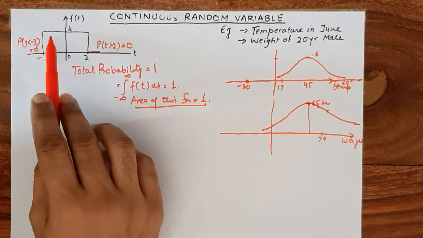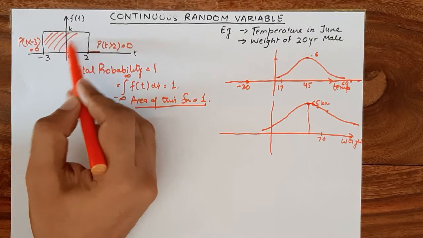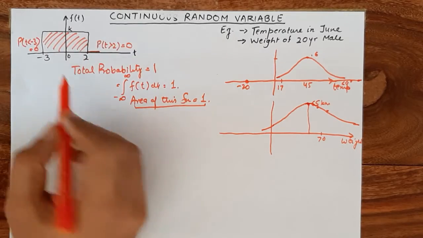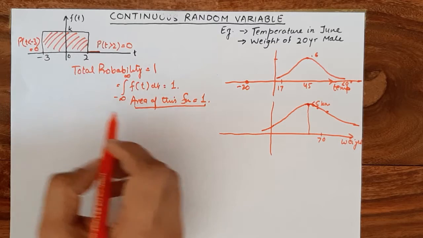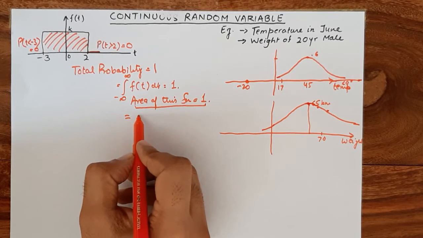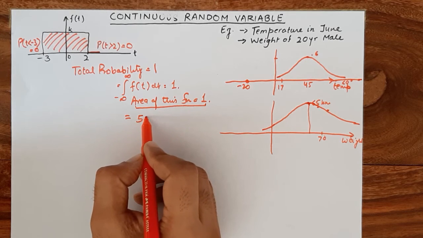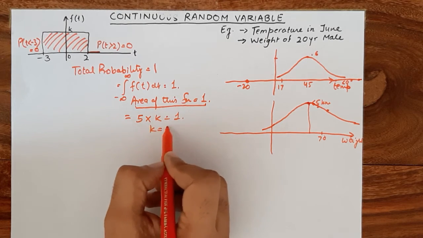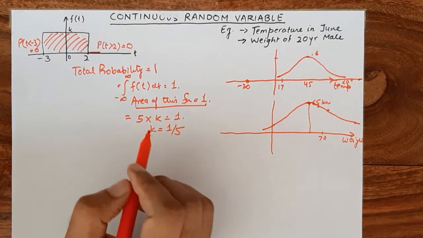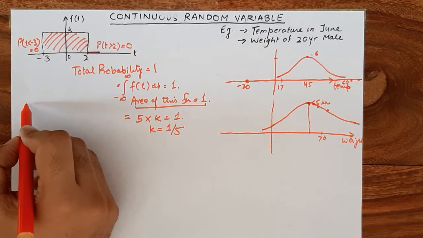Here the total area of this function is going to be 1, because this is a rectangular function. From -3 to 2, the width is 5 and the height is k, and this should be equivalent to 1, so k comes out to be 1 by 5.